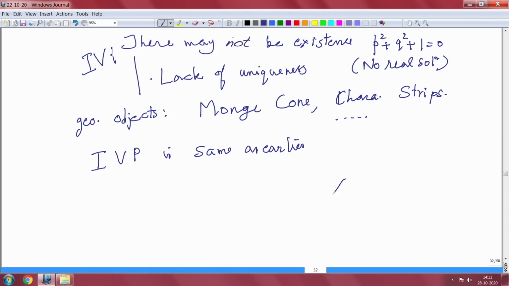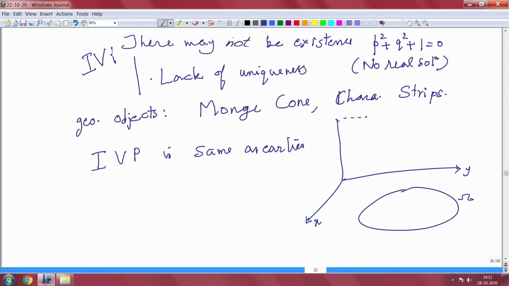For example, what is the initial value problem? You have a domain omega in xy space, and on that you have an initial curve gamma naught. Then you look for a characteristic.